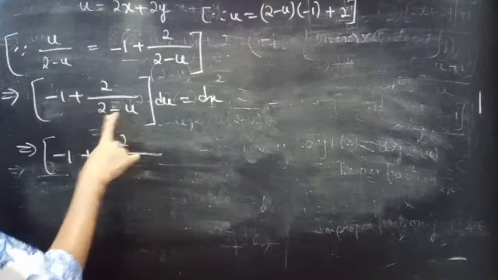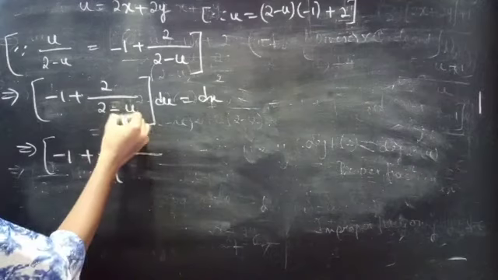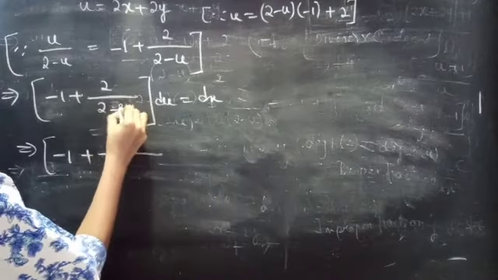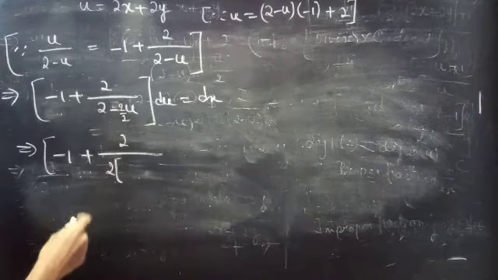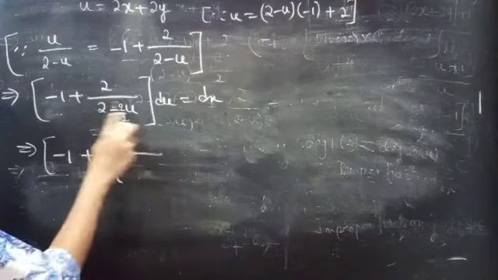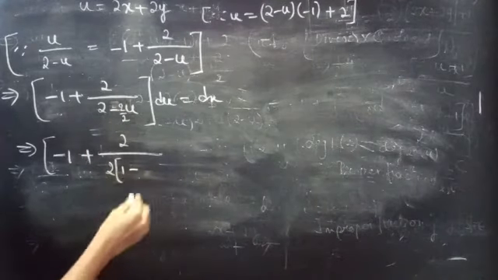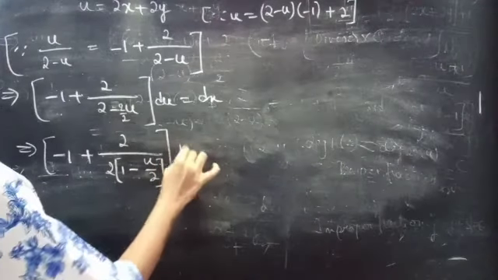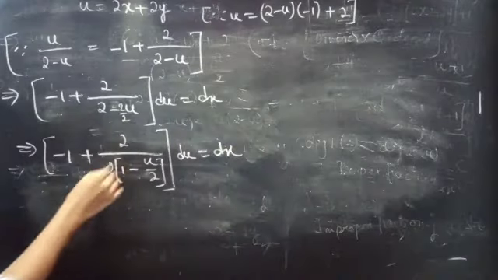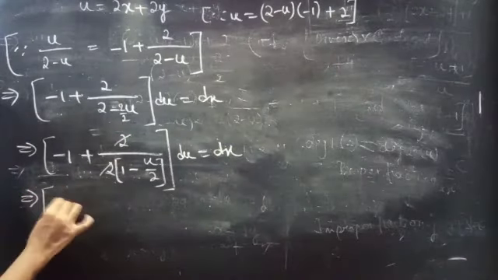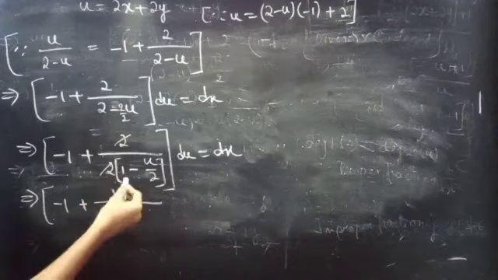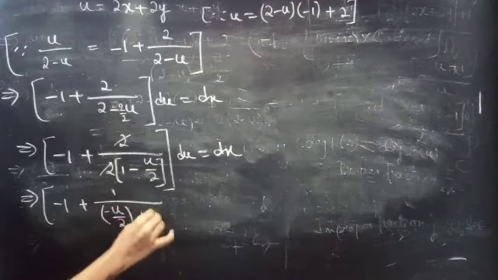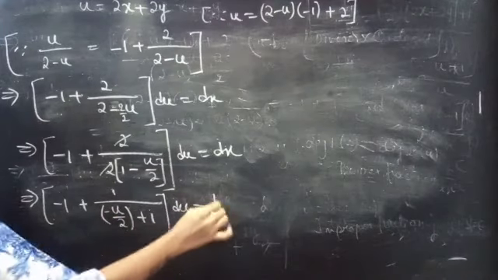Now take 2 common from these two terms. Since you don't have a 2 as the coefficient of u, simply multiply and divide by 2. Okay, it becomes easy to take 2 common from these two terms. Then you'll get 2 times 1 minus u by 2 into du equals dx. Here 2 gets cancelled. Then minus 1 plus 1 by, you can also write this as minus u by 2 plus 1, into du equals dx.